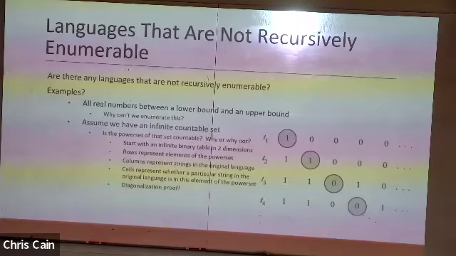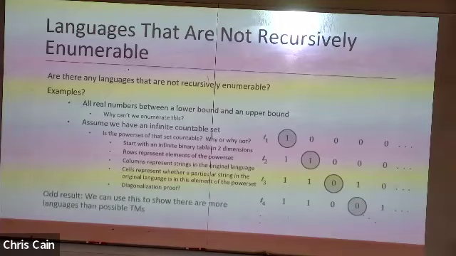What does this mean for us? What do we take away from this? If we apply this to Turing machines and languages, we will find that even though there are an infinite number of Turing machines, there are some languages that Turing machines cannot simulate.